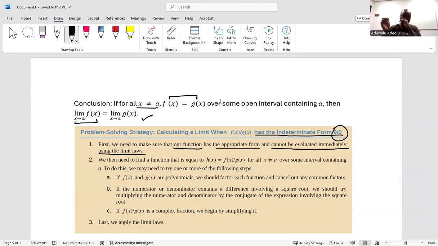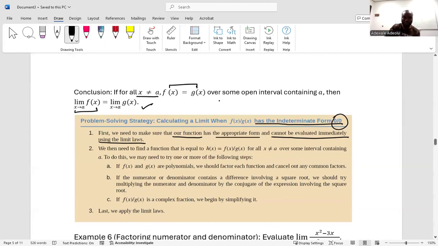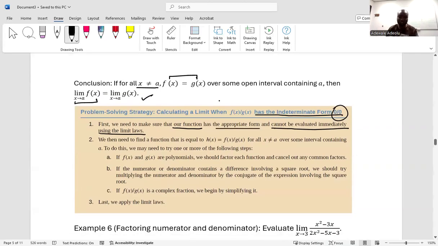Now, what do we do? Well, you need to find another function that is identical to that rational function. Now, how do we do that? We may need to try one or more methods.